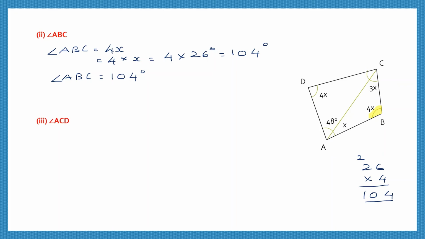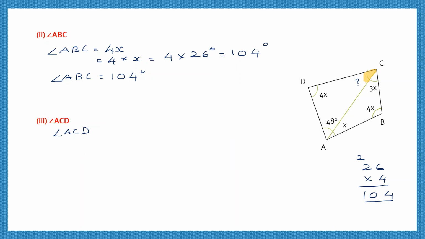Now we need to find angle ACD. Angle ACD is the shaded portion there near C. To find that out, we need to remember that the angles of a triangle add up to 180 degrees. We're talking about the triangle ACD.